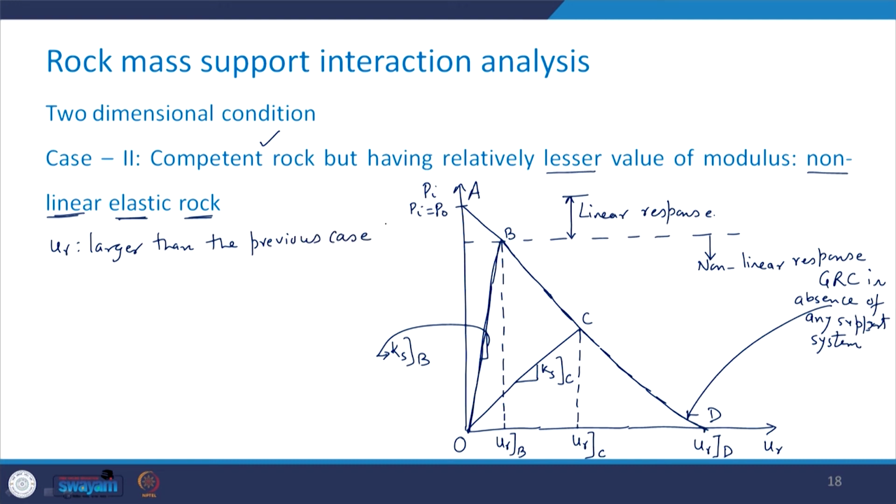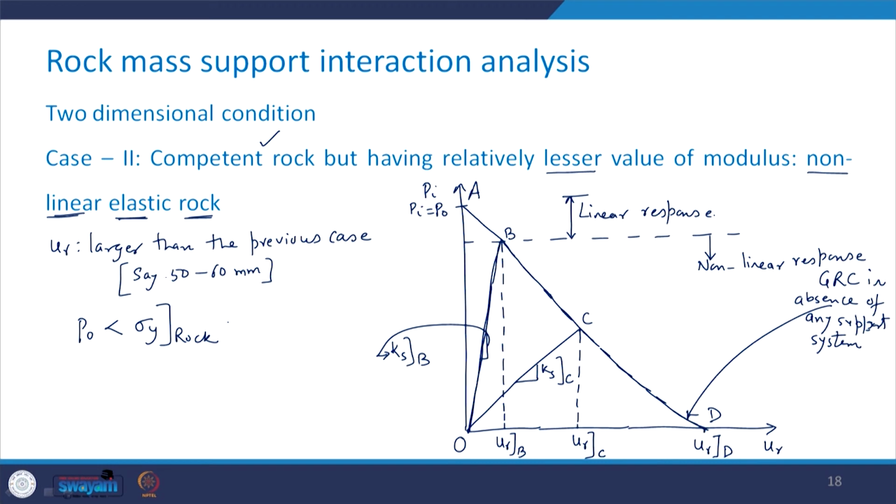because in the previous case it was the competent rock but having a good or better value of the modulus, so the behavior was linear elastic. In this case it can be, let us say, of the order of 50 to 60 mm. In this case, P naught is less than sigma y of the rock.